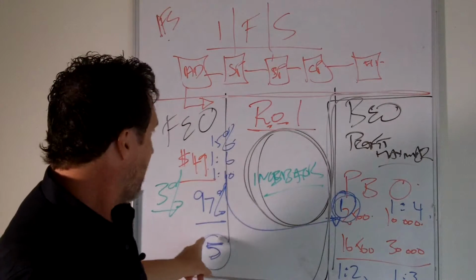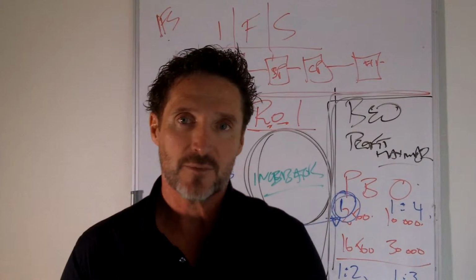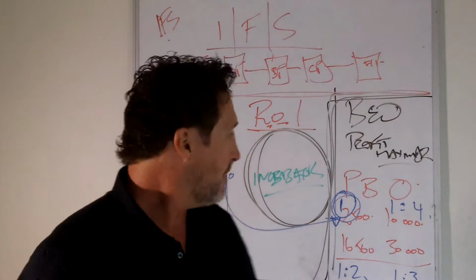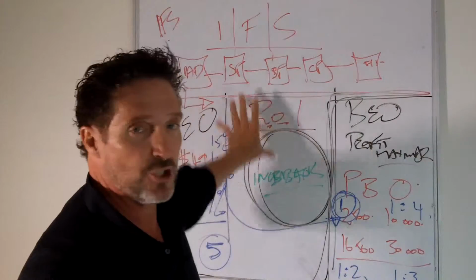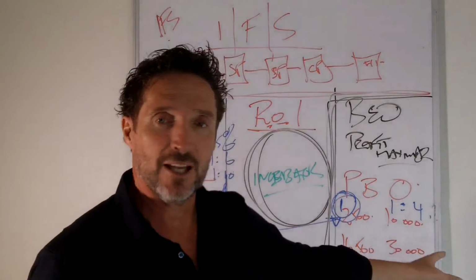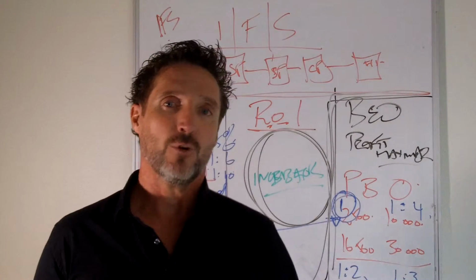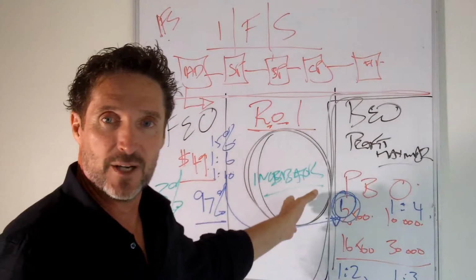Now, you've got to have solutions in place for the customers that are going to drop off. Because if all of a sudden you put to your customers that you've been building a relationship with here, your one and only primary back-end offer, and they don't go for it, then there's no way you can increase the return on investment on your marketing spend.